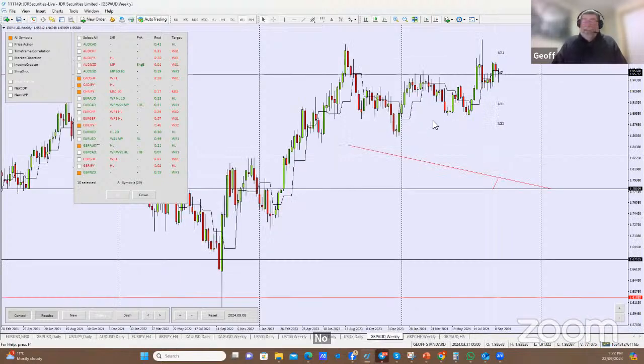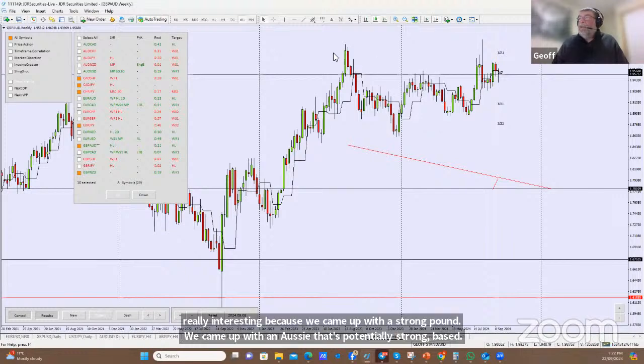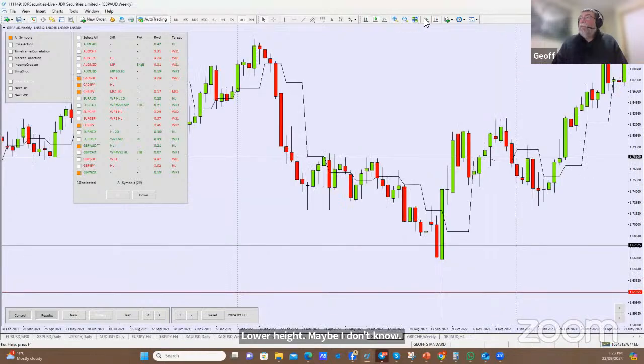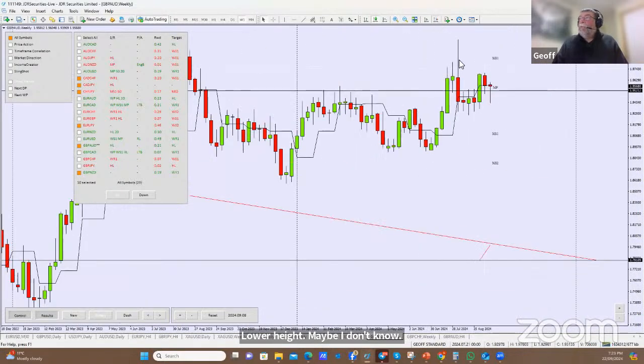Pound versus the Aussie is really interesting because we came up with a strong pound. We came up with an Aussie that's potentially strong based on what the RBA says. And we've got this massive double top sitting here. And is this the first lower high out? Maybe. I don't know. Last week ended far less impressive for the Aussie versus the pound than it started.